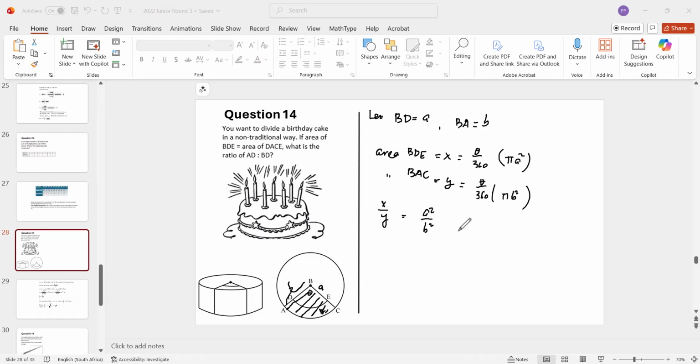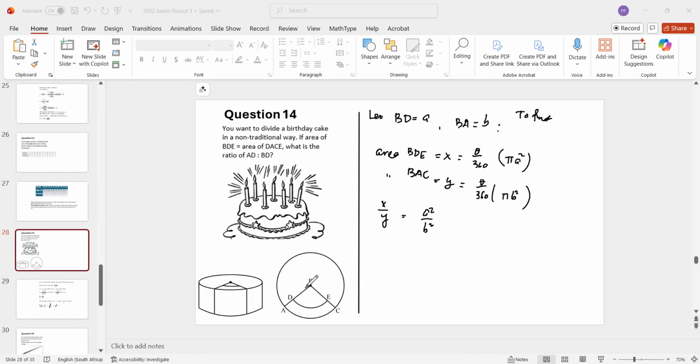Right. Now, let's just keep track here. AD is to BD. What do we need to calculate? Let me take out all the stuff. And you got AD.